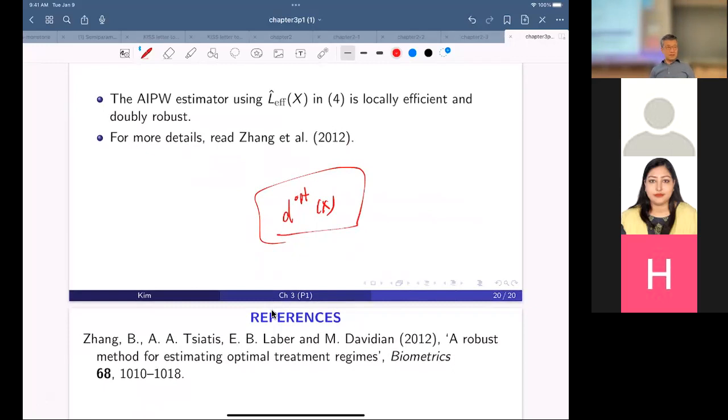But this new covariate is not related to the response mechanism. Since all the derivation is based on X and A, the covariates for D and the covariates for the response are the same, right?